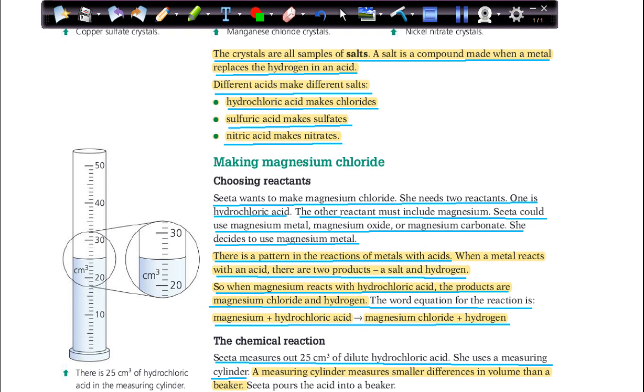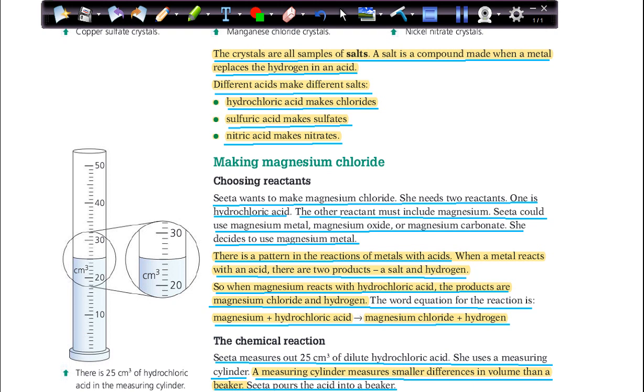So here she measured in the measuring cylinder, and you have to focus here because this can be a good question. A measuring cylinder measures smaller differences in volume than a beaker. So Sita pours the acid into a beaker. Then, when she has measured the acid volume with the measuring cylinder, she pours it into a beaker.